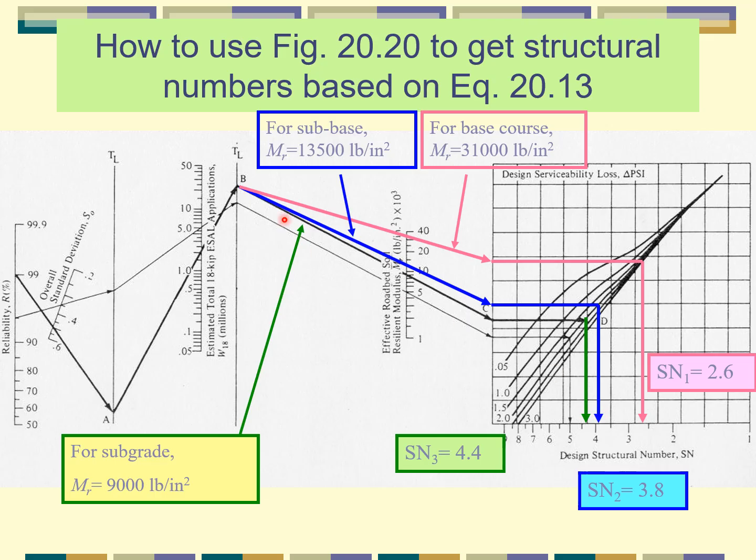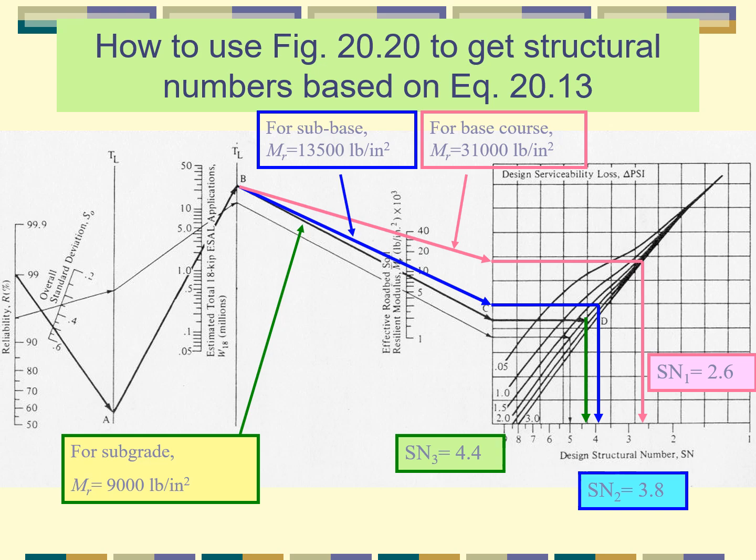And then look at the modulus of resilience of the subgrade, that is 9,000. So that is this one, 9,000. So just draw this black colored line and reach over here, then draw this horizontal line, and considering the same serviceability loss, move downwards and get this SN3, this is 4.4.